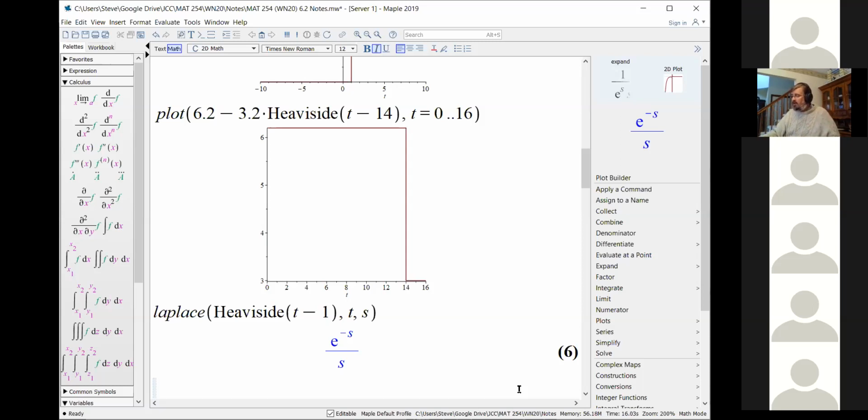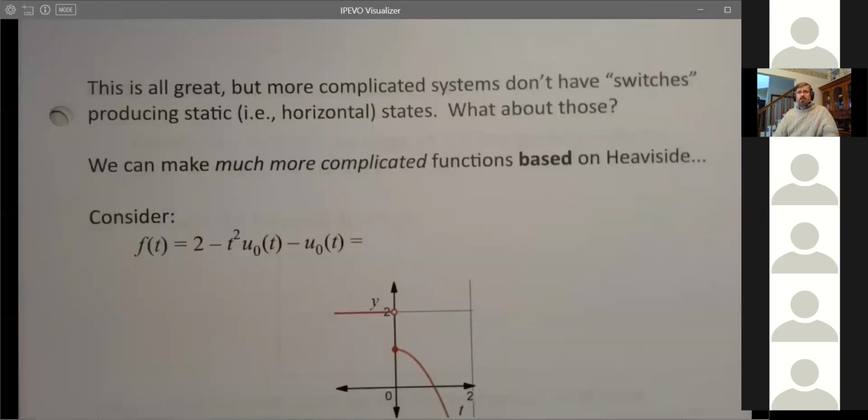The next page in the notes, and we're not going to get very far on this. We're going to stop here in a second. But the next page in the notes, here, let me change my share here. So the next page in the notes deals with the question of, okay, but what about these switches is useful for us?